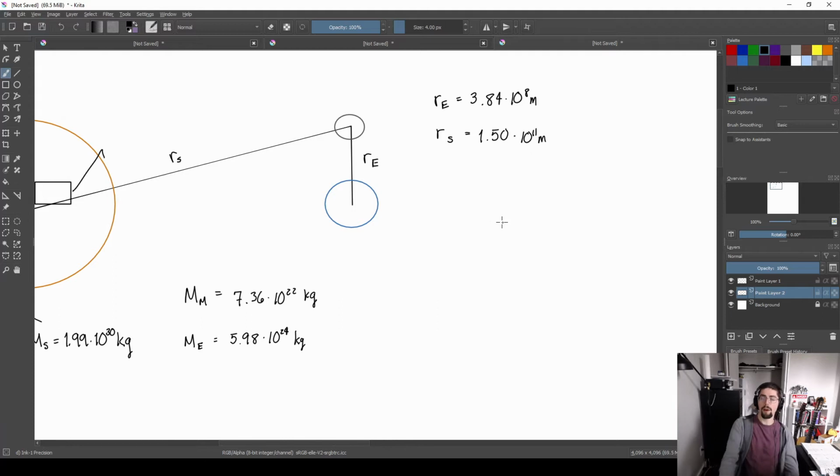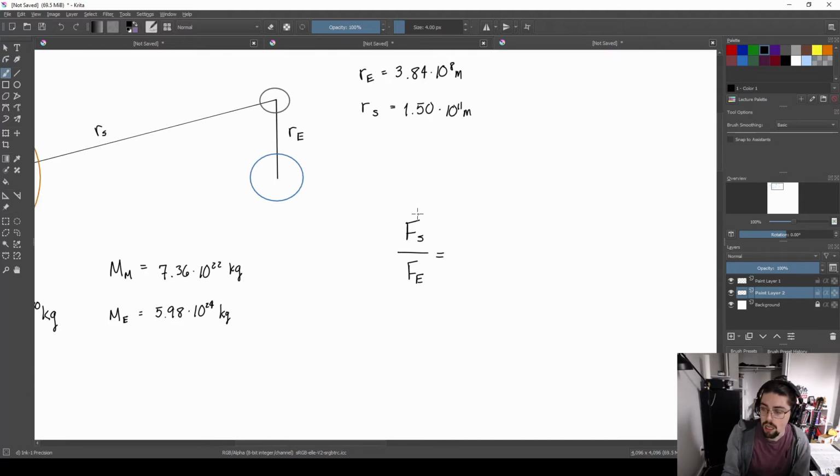Okay, with all of that in mind, now we are asked to find the ratio between these two forces. That is to say, what is the force from the sun relative to the force from Earth? I'm going to write in both of my equations at this point.